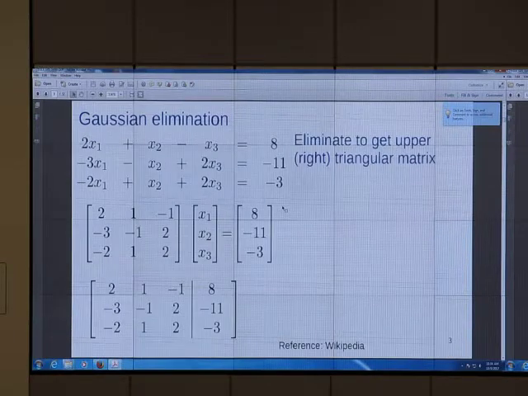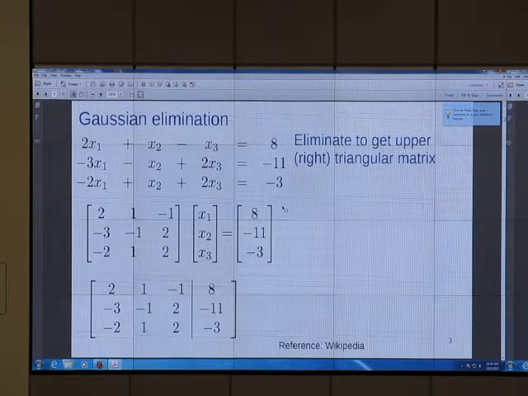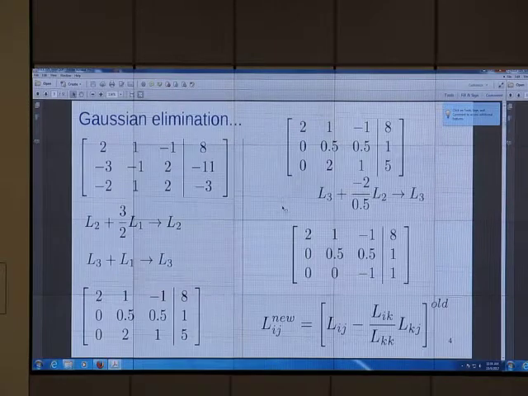So every time, you see this time we have 8, minus 11 and minus 3. We append the right hand side to the coefficient matrix. So we do Gaussian elimination. When we do elimination, the operation that we do on the left side is the same that we do on the right side.